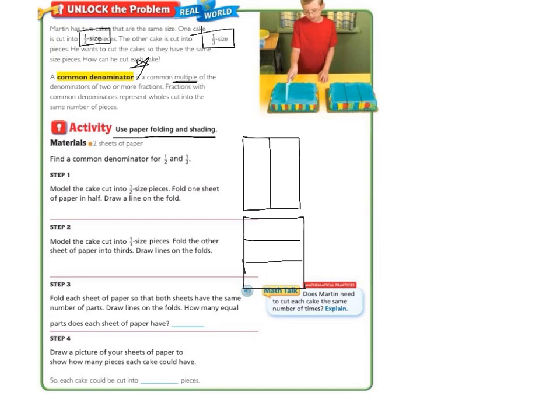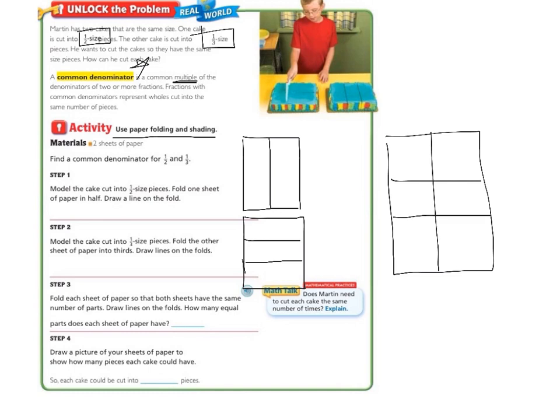Well, if I take these 2 pictures that I drew and I made them into one picture, so here's my rectangle cake, drew it a little bigger. I cut it in half, and then I cut it in thirds so that it looks like the other 2 just put together. Now, how many pieces do I have? I have 1, 2, 3, 4, 5, 6.